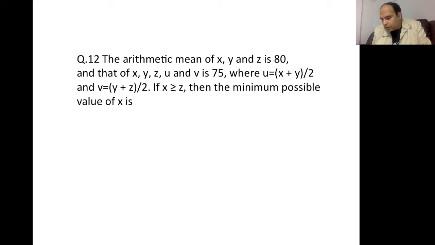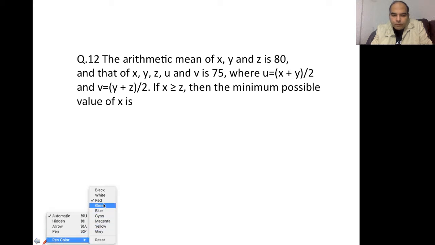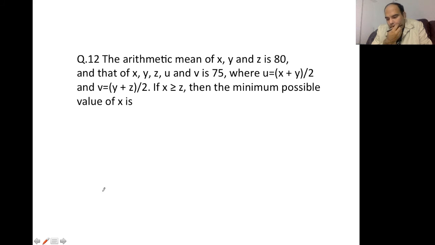Have a look at this question first. So the question says the arithmetic mean of xyz is 80. So that means that the sum of xyz is 240.